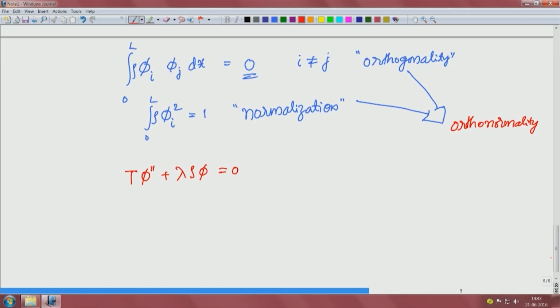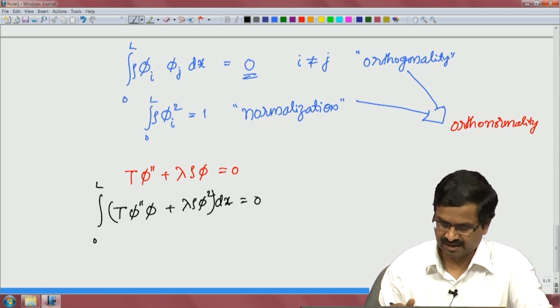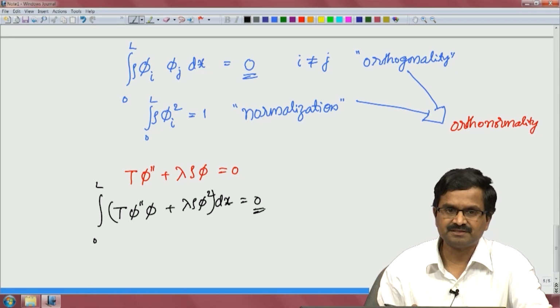We can see that by multiplying by phi: I take T phi double prime times phi and lambda rho phi times phi, and integrate with dx from 0 to L. Basically I have taken that equation, multiplied by phi and then integrated over x from 0 to L, that is still 0, nothing changes.